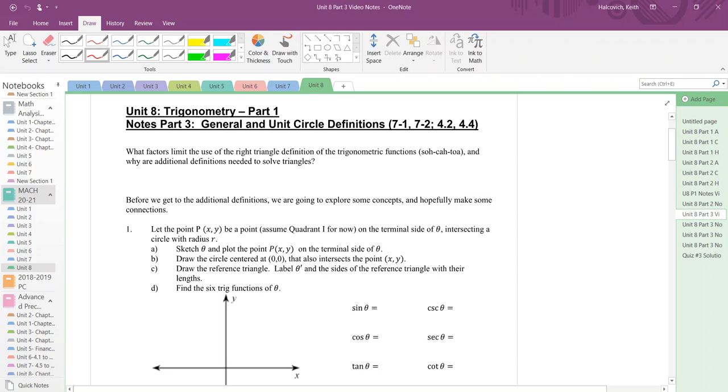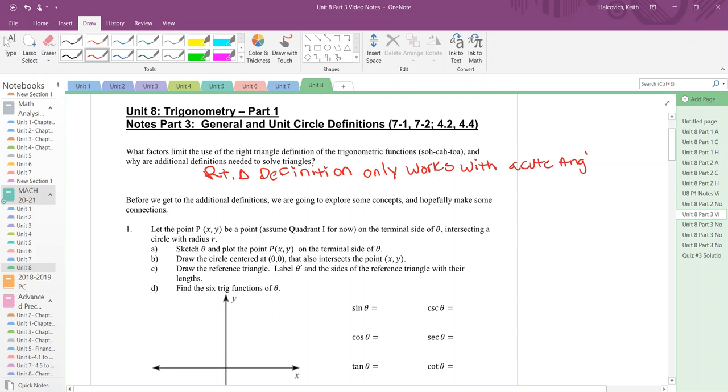What factors limit the use of the right triangle definition of the trigonometric functions, like SOHCAHTOA, and why are additional definitions needed? Well, understand that the right triangle definition only works with acute angles.